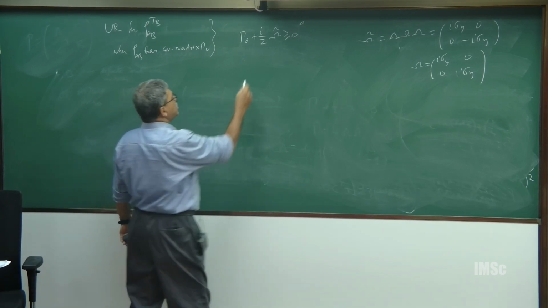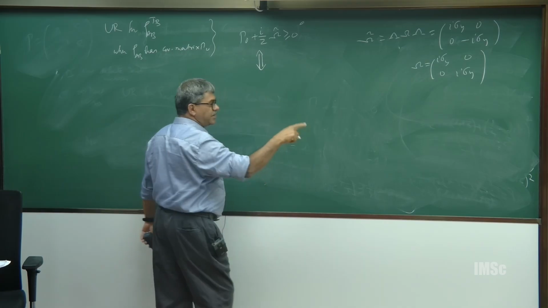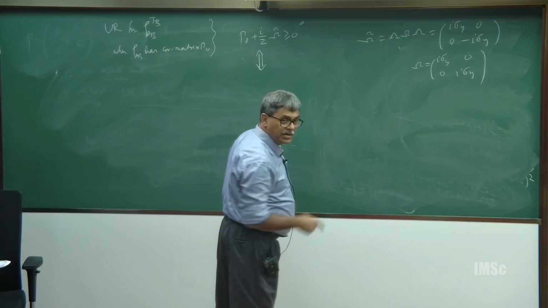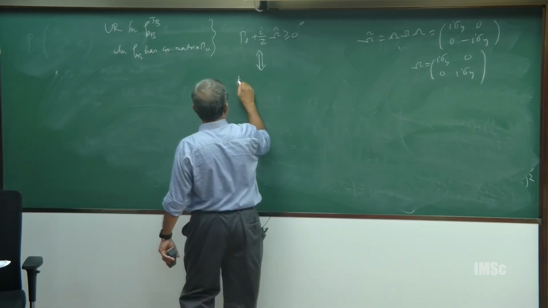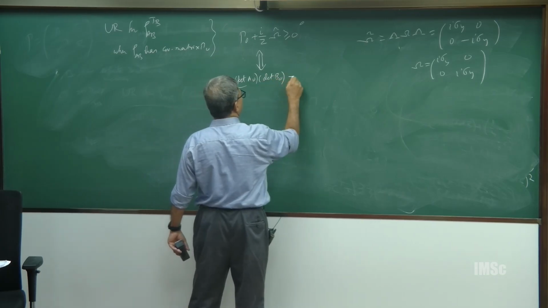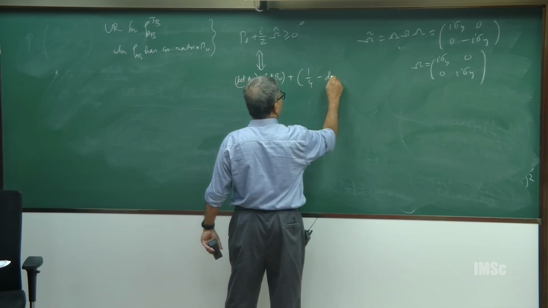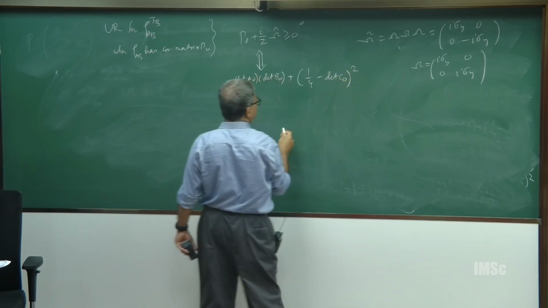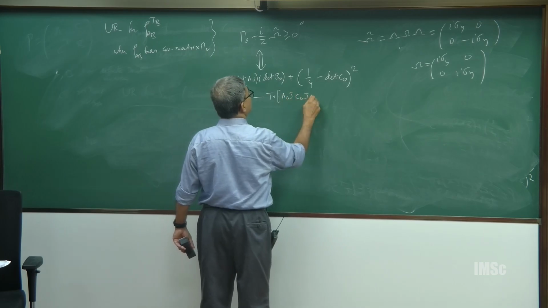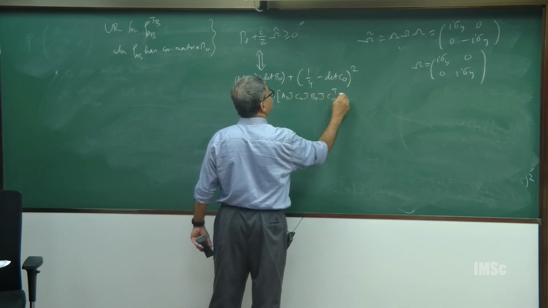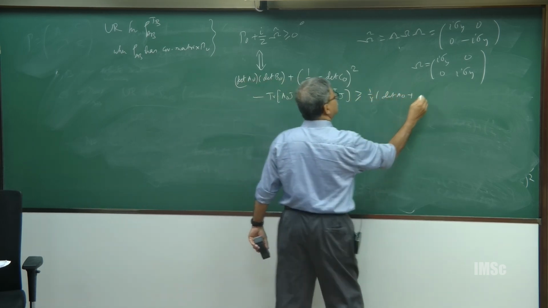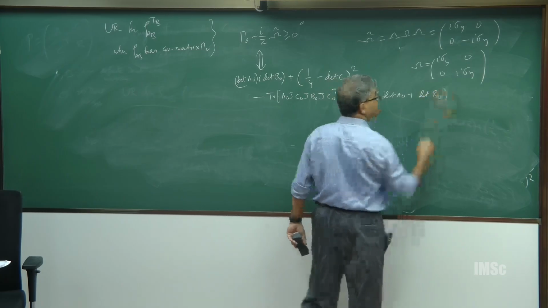And now, if you express it in terms of the eigenvalues etc., what comes out is the same thing: determinant of A0 times determinant of B0 plus 1 upon 4 minus determinant of C0 square, then minus trace of A0 J C0 J B0 J C0 transpose J is greater than or equal to 1 by 4 determinant of A0 plus determinant of B0.